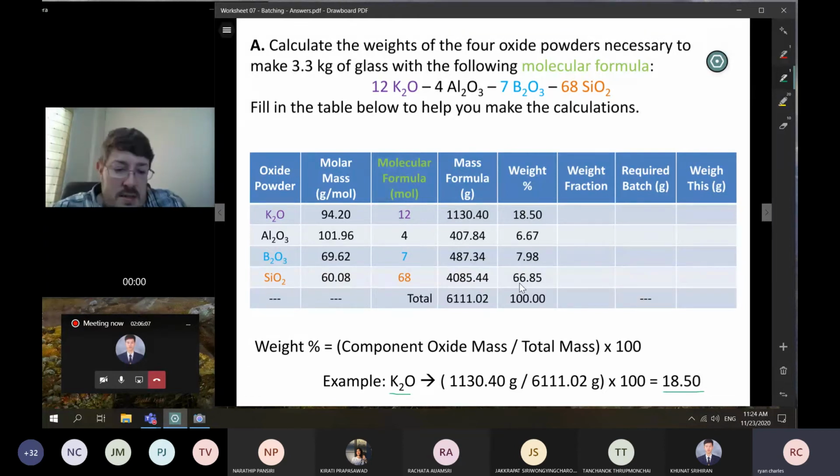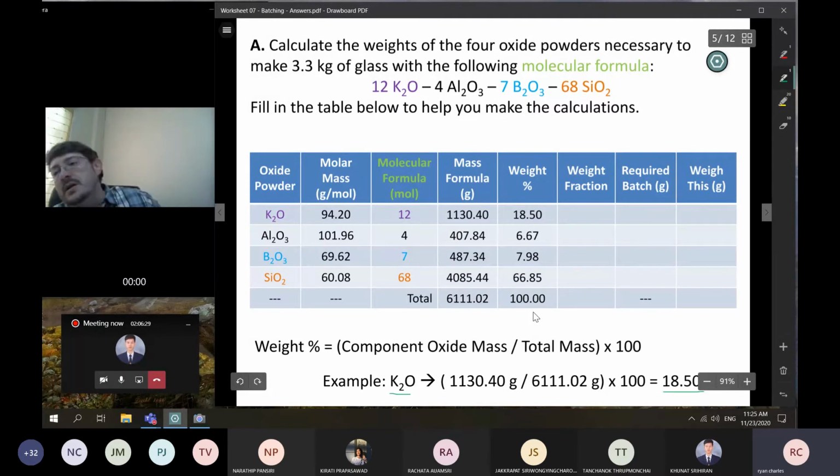Whenever you do these things, metals, ceramics, concrete, cement, you have to be aware of rounding errors, right? If you get sloppy and you round these, if you make this like 19 and 7 and 8 and 67, well, it won't add up to 100 for starters.